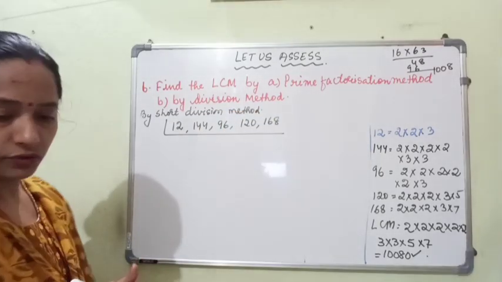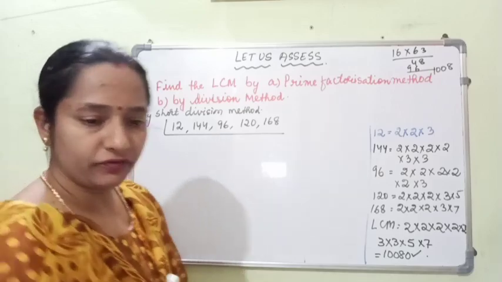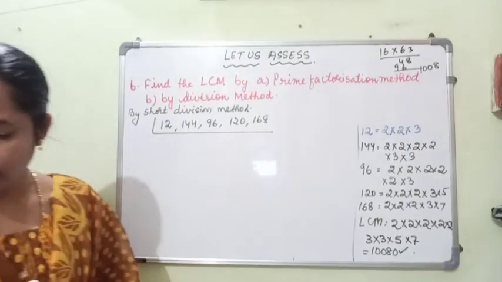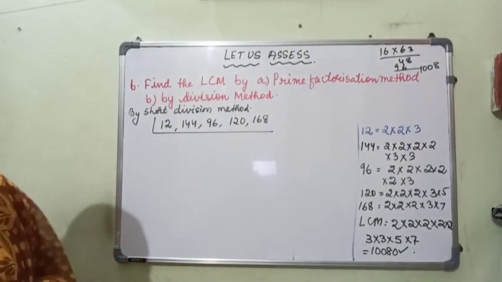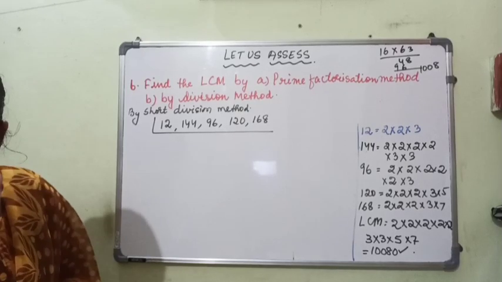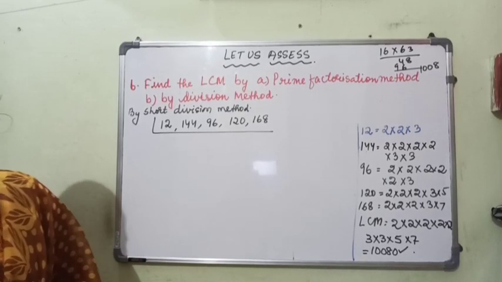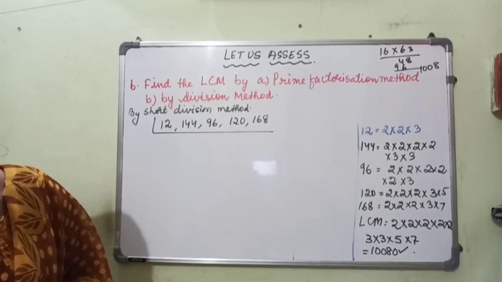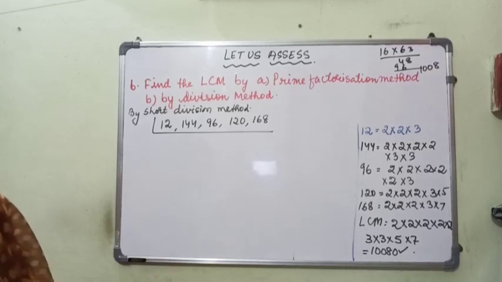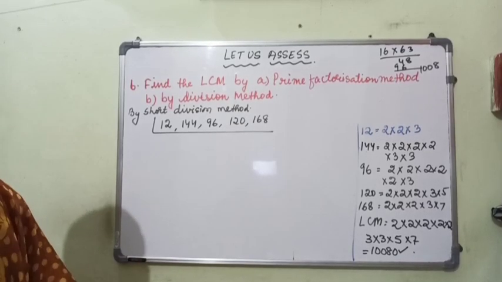First let us see what type of numbers we got here. We have all even numbers. As all the numbers are even, these numbers can be divisible by 2.